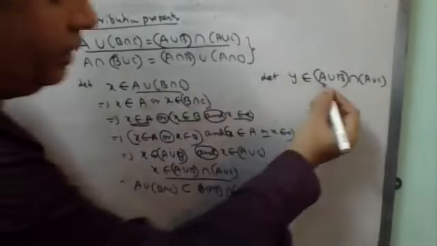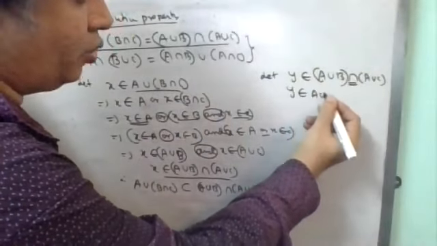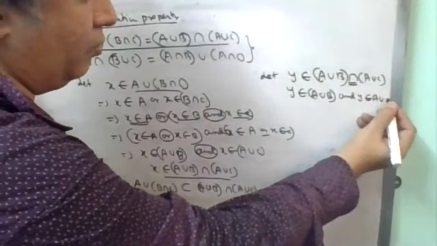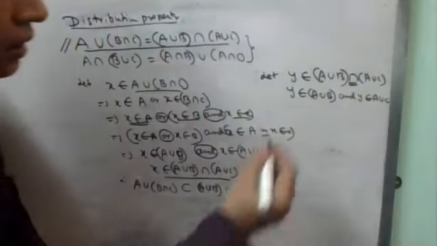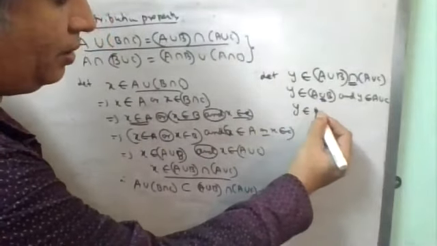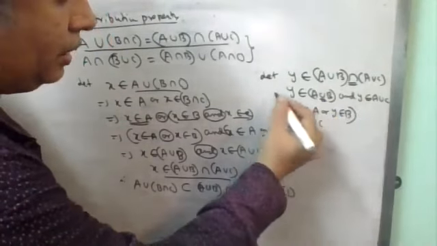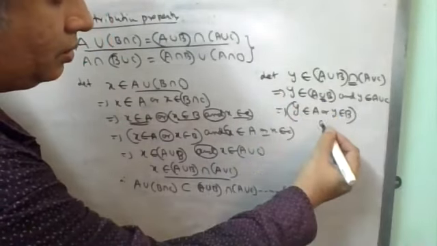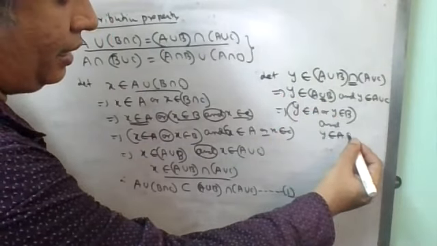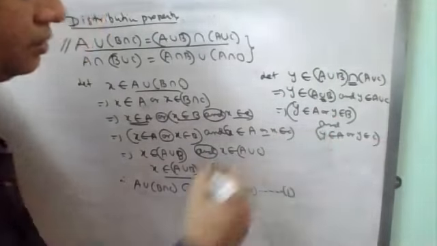Now, this intersection means AND: Y belongs to A union B and Y belongs to A union C. Now this union means OR: Y belongs to A or Y belongs to B, and Y belongs to A or Y belongs to C.